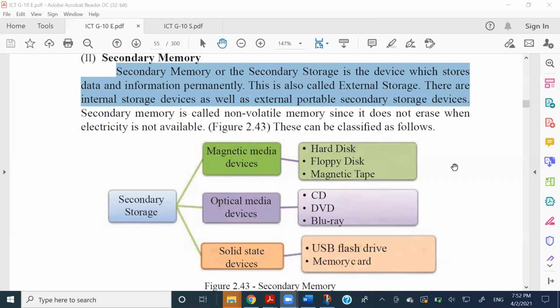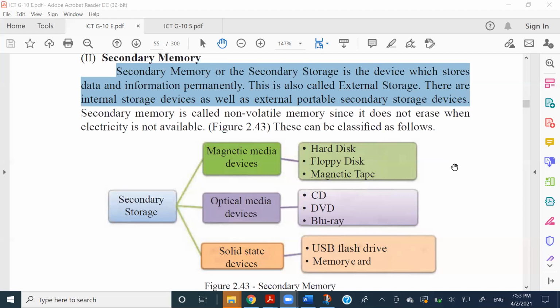Lastly, the solid state devices, why do we call it a solid state device? Because it doesn't have any movable parts. So when you see the video that I'm about to show you, you will realize what the movable parts are that can be inside these storage devices. So if you think about USB flash drives, they do not have anything movable.